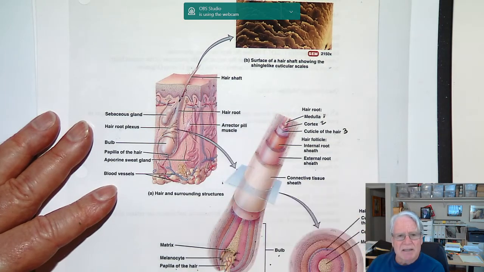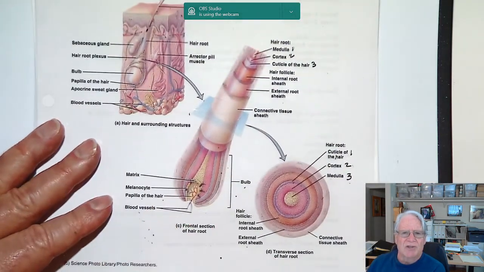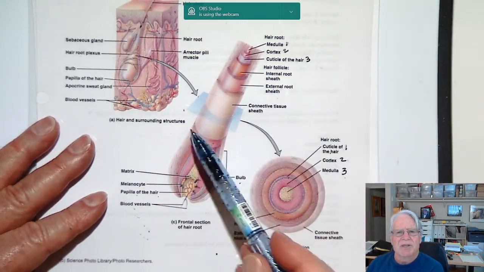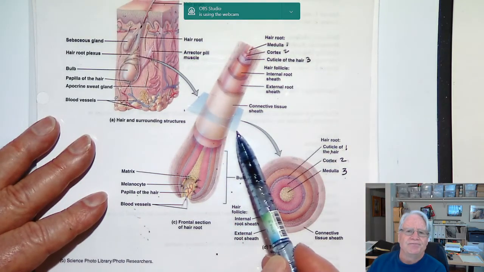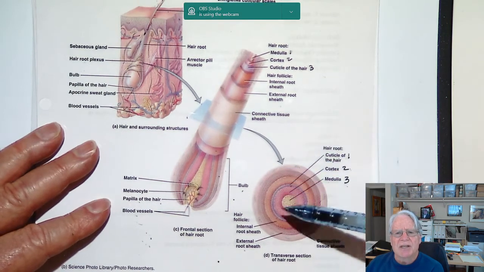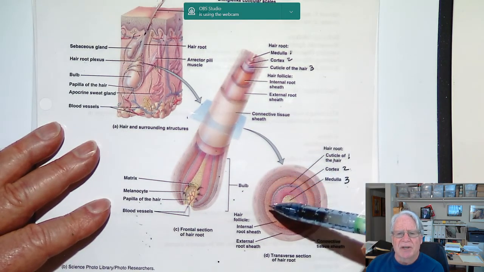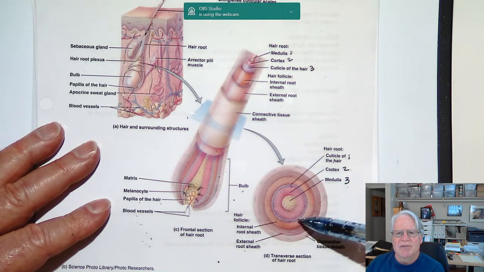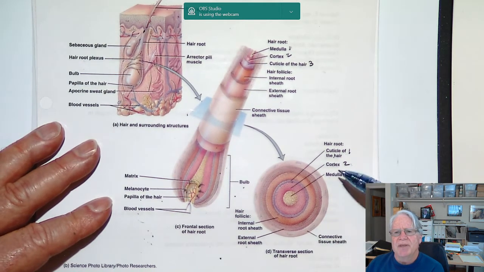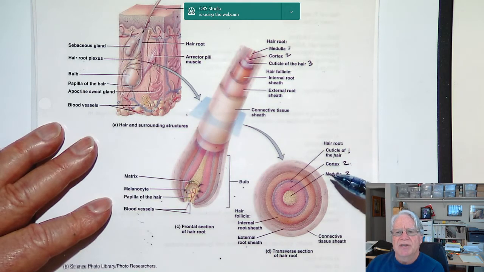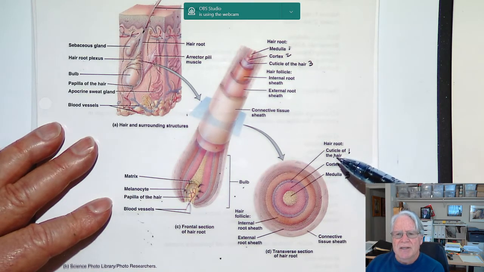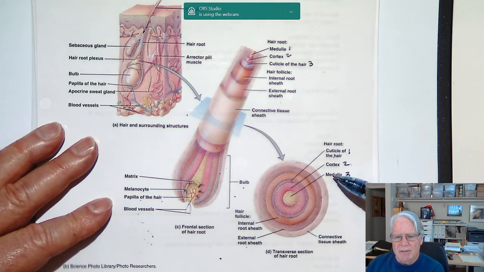Now, if we take that and look a little bit more closely at the structure, and we're taking a cross-section here, what we're going to see is a series of concentric circles composed of different types of cells and connective tissue. So the hair root consists of 3 concentric rings of material: the cuticle, the cortex, and the medulla.